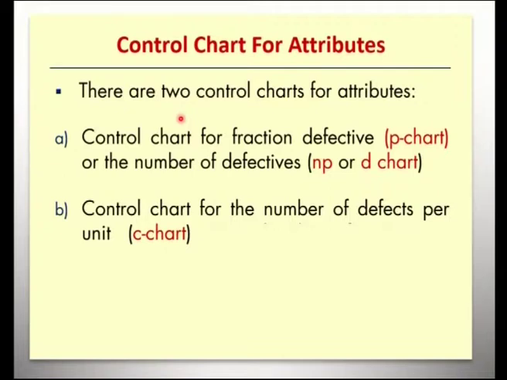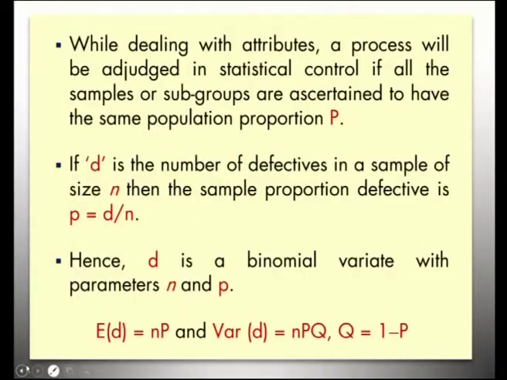There is a difference between defective and defect. Defective means when there is a defect, the item is called defective, whereas the particular problem is called a defect.